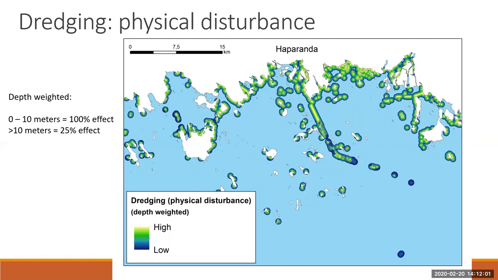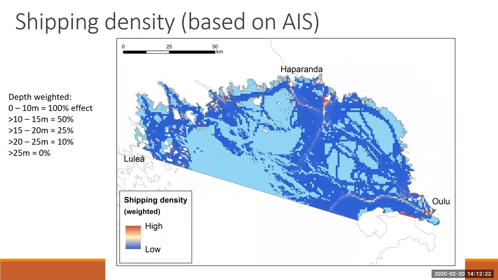And because the most valuable areas are usually near the shore, where most life exists, we took this into account by weighing the layer with depth. Here's the shipping density.